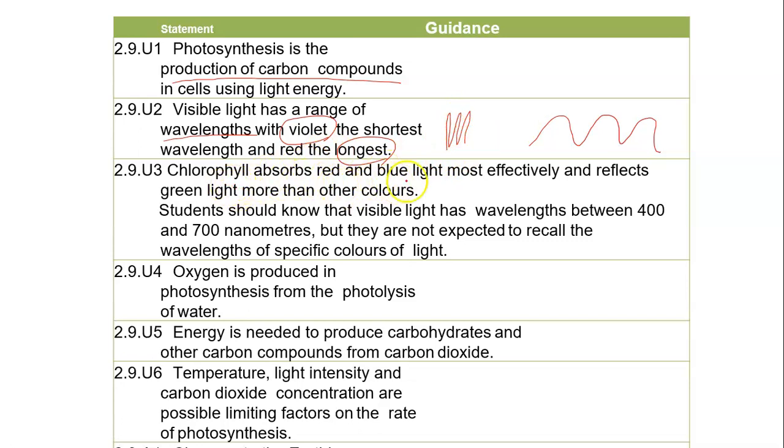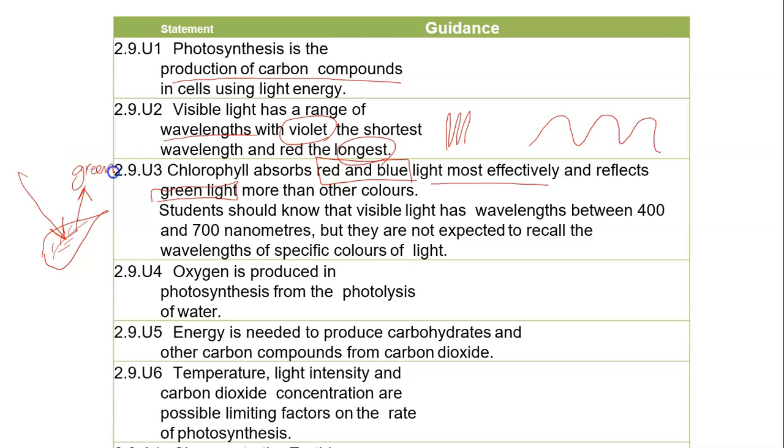Chlorophyll absorbs red and blue light most effectively and reflects green light more than the other colors. So it absorbs red and blue and reflects green. That's why we see leaves in a green color, because the light is coming and the leaf is reflecting green.